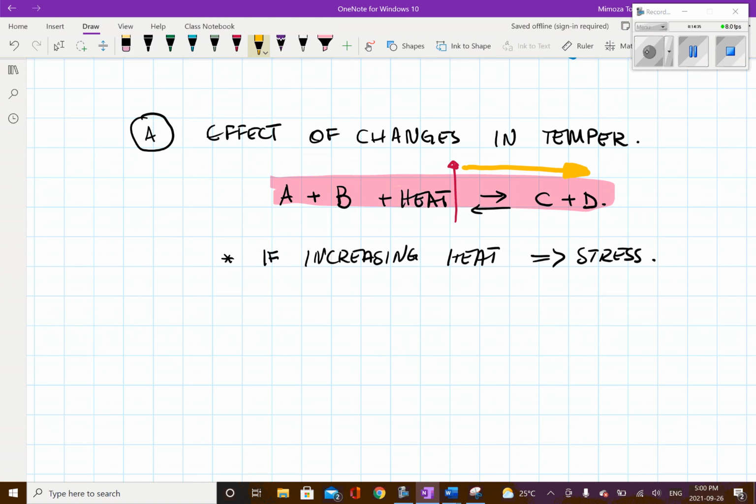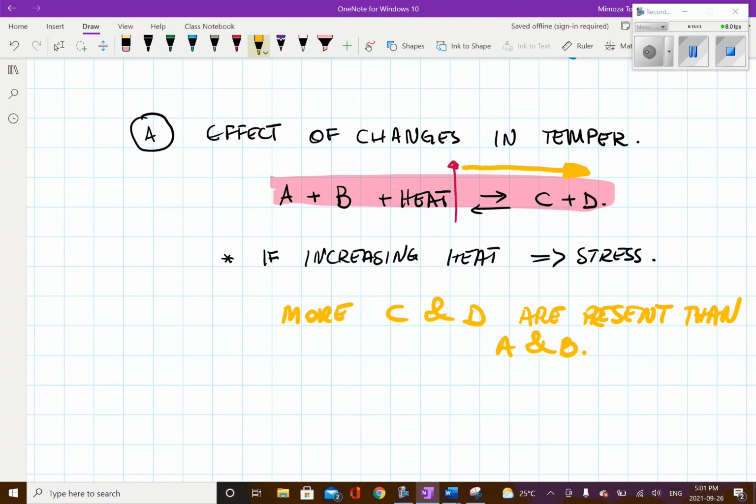So then what we will see is more C and D are present than A and B, because the system is moving toward the product side of the reaction.